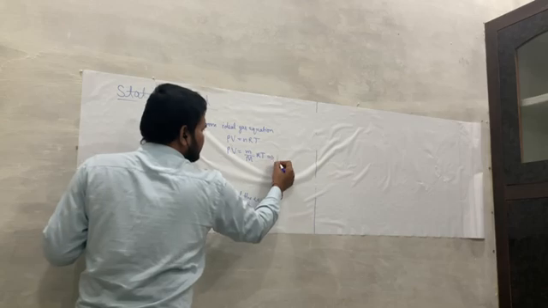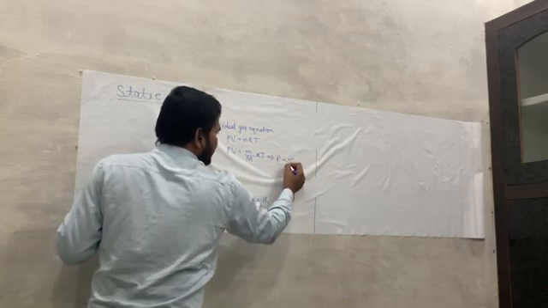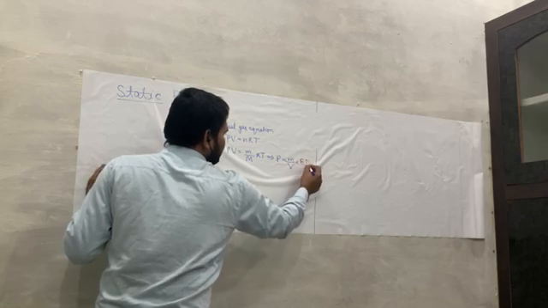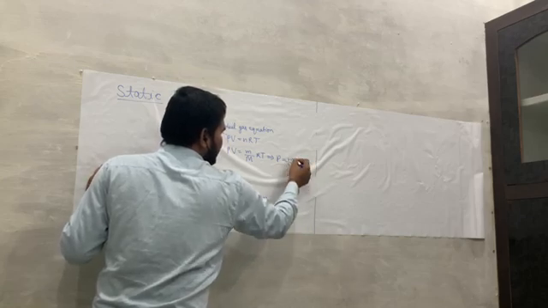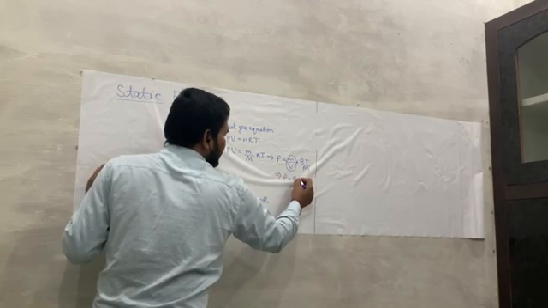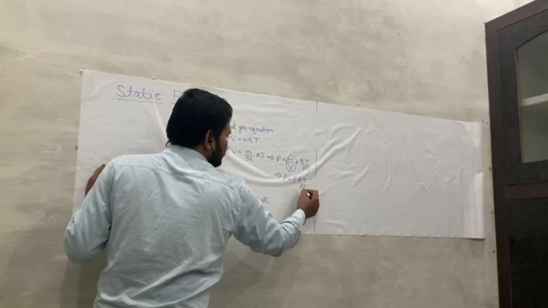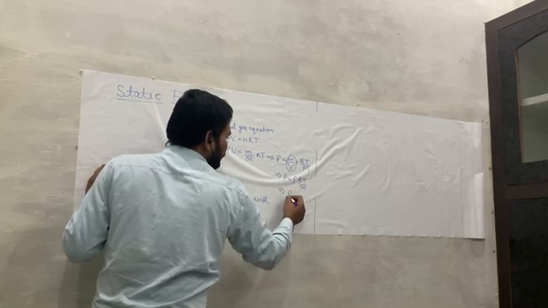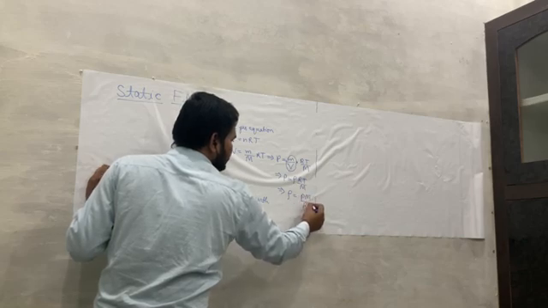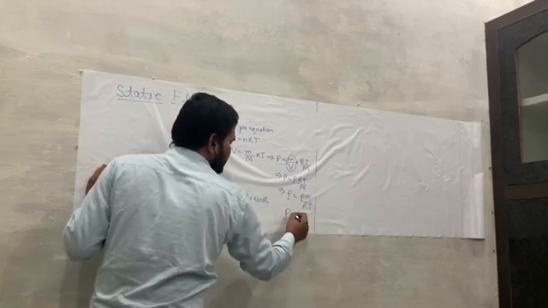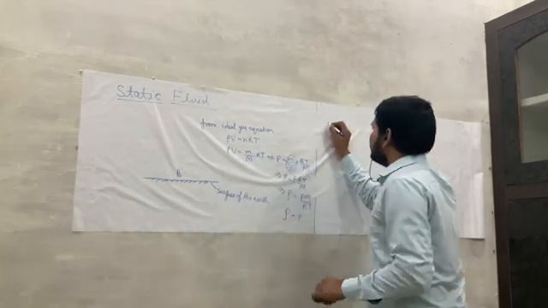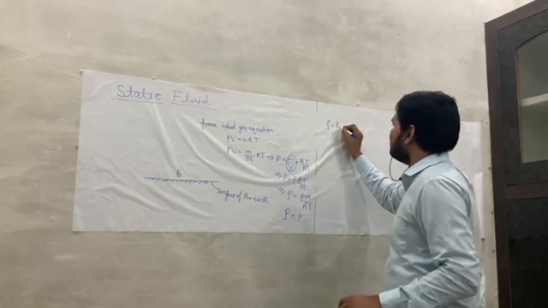This implies P equals m by V into RT by M. Small m by V we can write as rho, so P equals rho RT by M. From here rho equals PM by RT, so rho is directly proportional to P. We can write rho equals Kp.